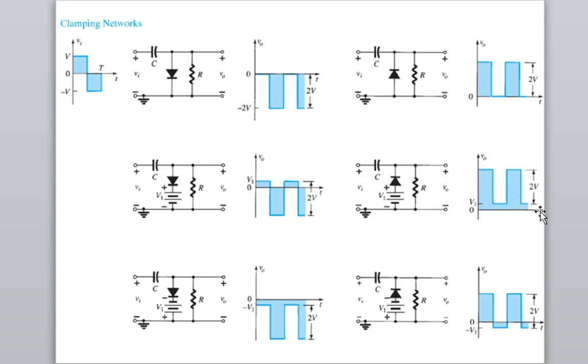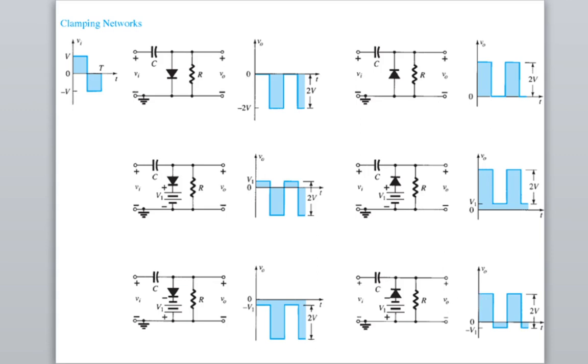Now similarly, if you reverse the polarity of the battery, it becomes minus V, and this is the same. This circuit and this circuit give the same output. This output and this output are the same, just the polarity is different. Likewise, these two circuits give the same output; the magnitude looks different, but the polarity is different. That's okay. So this is the clamping network.